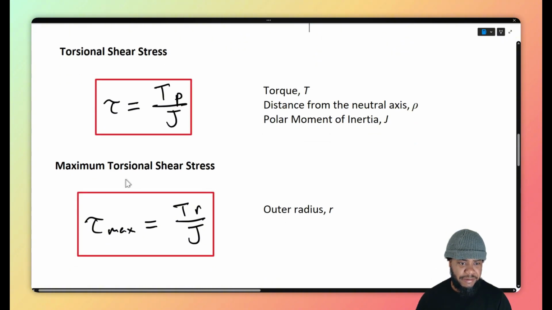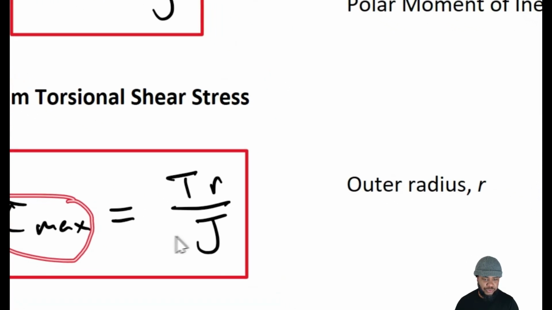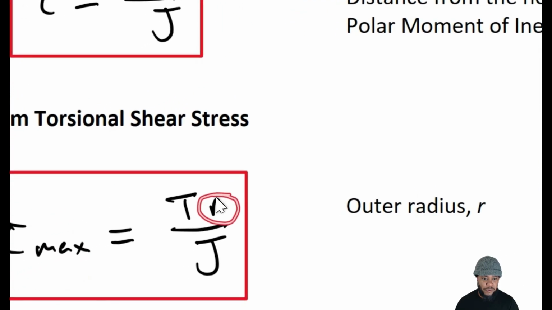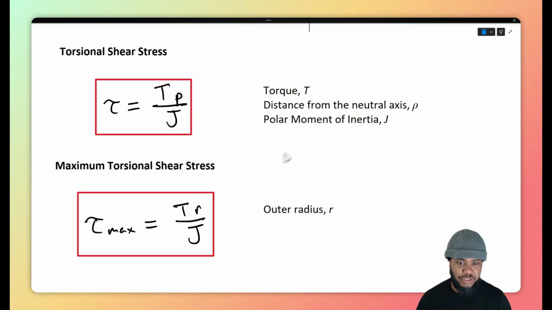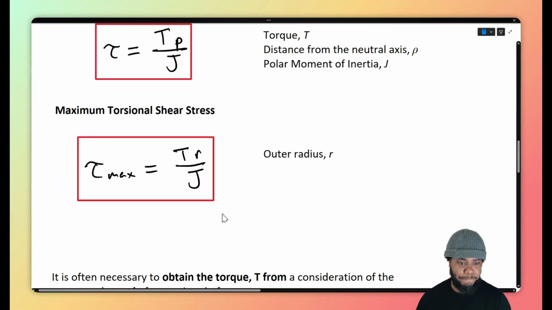So the maximum torsional shear stress is at the outer wall, at the furthest distance from the neutral axis, so the outer radius of our shaft, right?